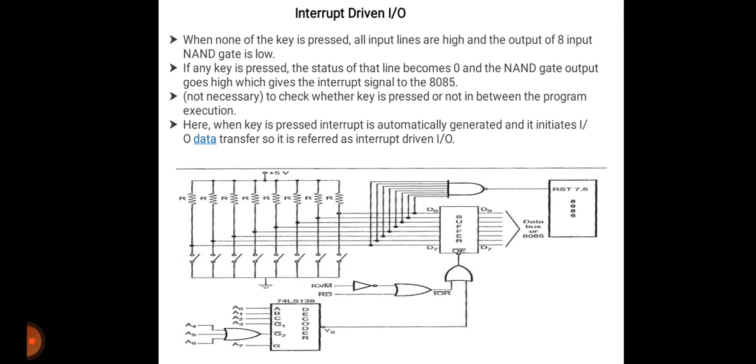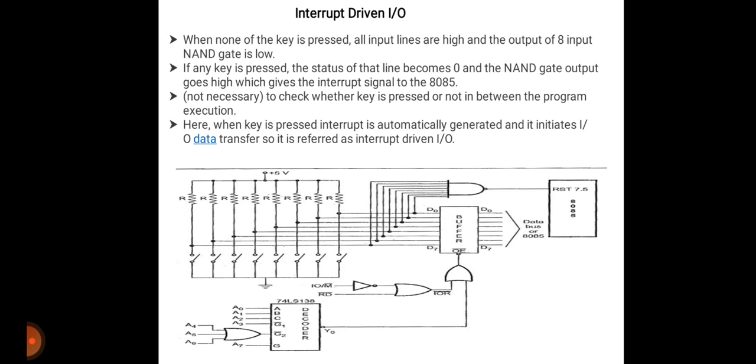If any key is pressed, then the status of that line becomes 0 and the NAND gate output goes high, at logic 1, which gives the interrupt signal to the 8085.